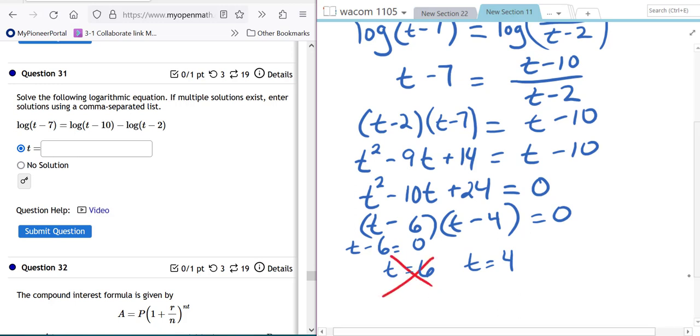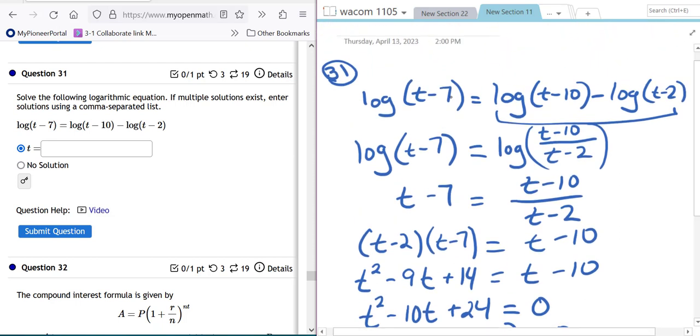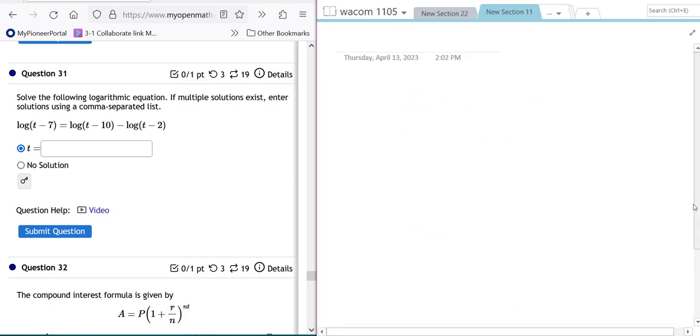All right, and then we check the 4. And 4 minus 7 is a negative 3. 4 is not going to work either. And that is all the answers we had. Whoops. Okay, let's see.